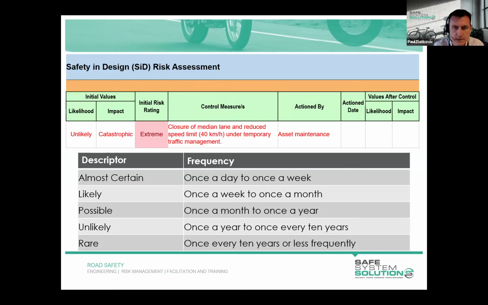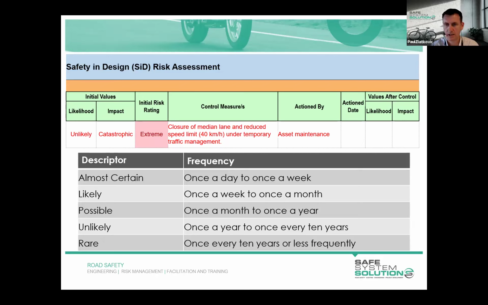Now let's look at that risk with a mitigation or control measure in place. So the control measure I've identified here is closure of the median lane and a reduced speed limit. And that would all be done under temporary traffic management.